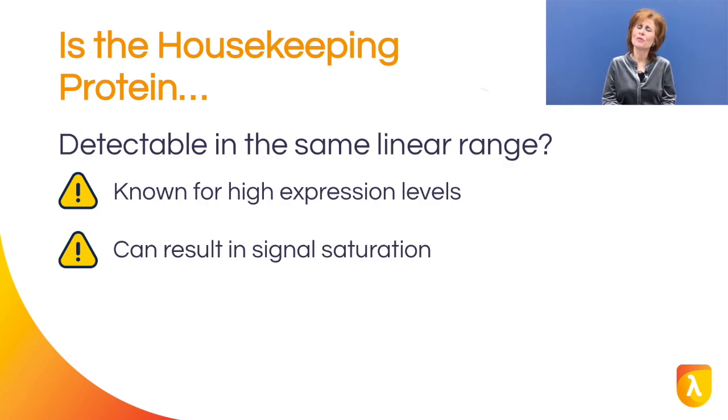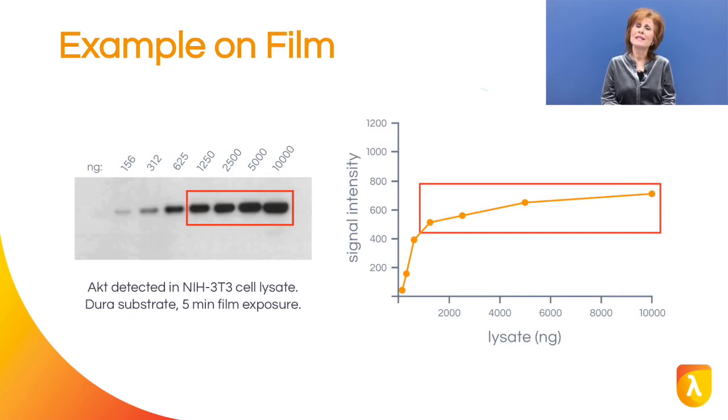Saturation causes strong bands to be underestimated, concealing variation between the bands and causing loss of data that will affect your data analysis. Here is an example of how rapidly saturation occurs on film. Only 3 bands are in the linear range of detection.